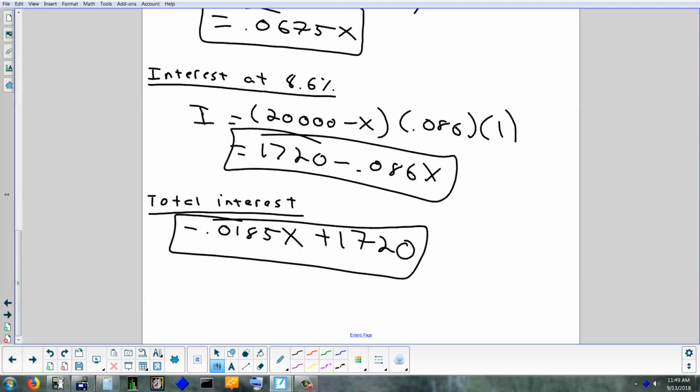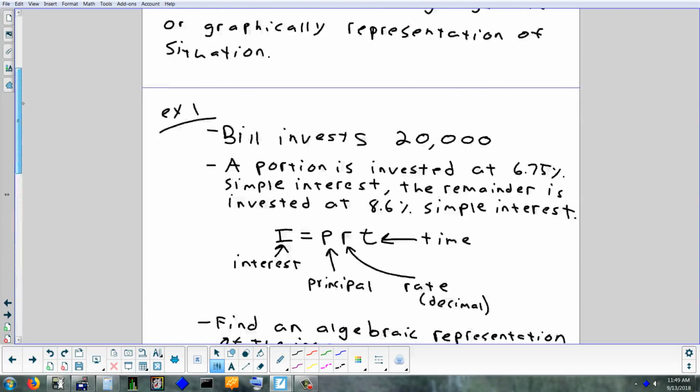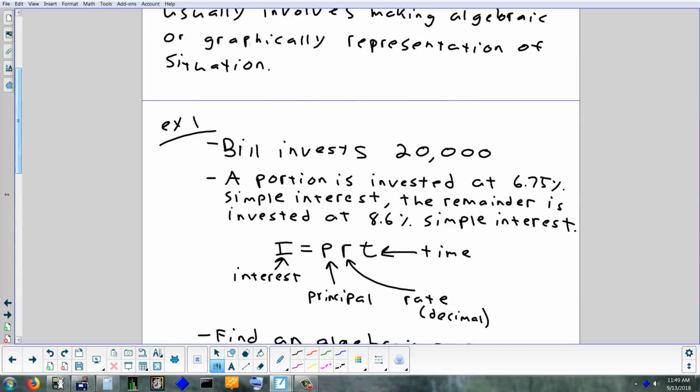So you tell me he invests $1,000, I'll tell you how much interest just by plugging in 1,000 to that formula. Yeah? Why is he getting a negative interest? Well, what's going to end up happening is the more money that's invested at the lower interest rate, the less interest he's going to make. So there has to be something to account for the fact that this investment doesn't pay as well as this investment.